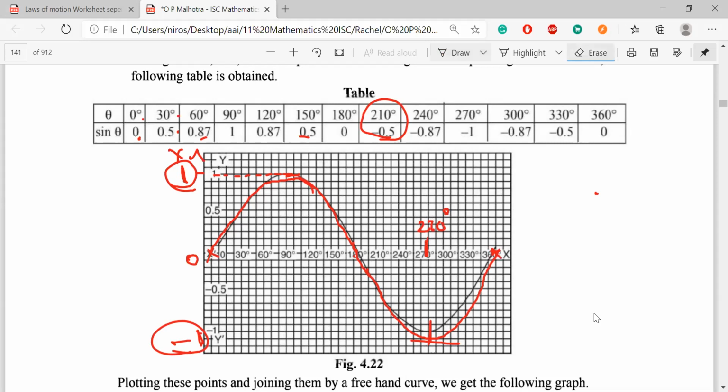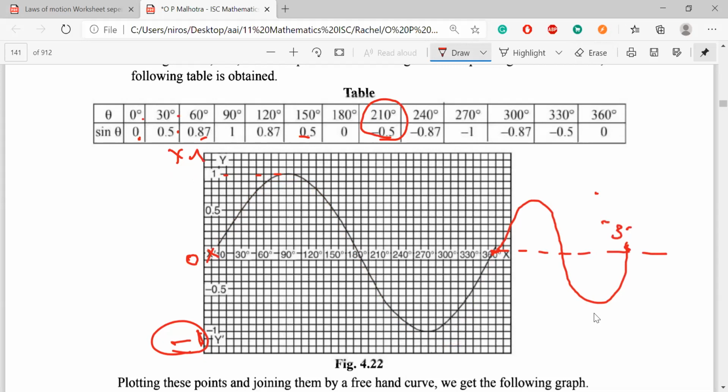We studied that the period of this is 2 pi, that is 360 degrees. Means for every 360, it repeats the same curve. Again for 360 also, it will be like this.